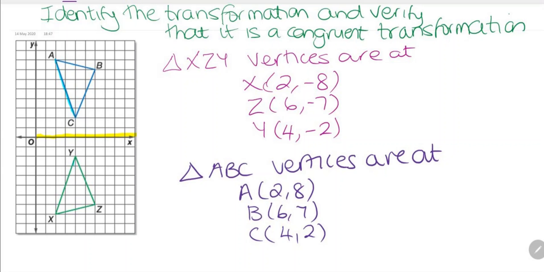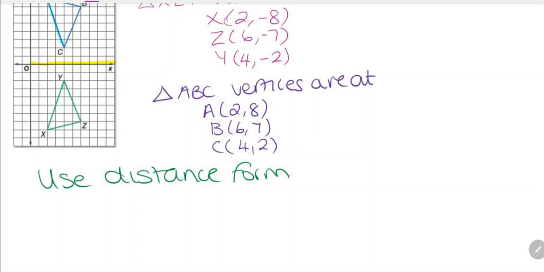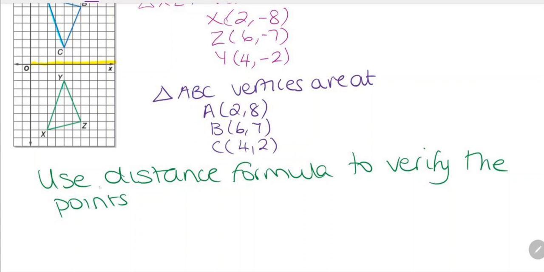So first thing we need to do, we're going to use the distance formula to verify the points are congruent.